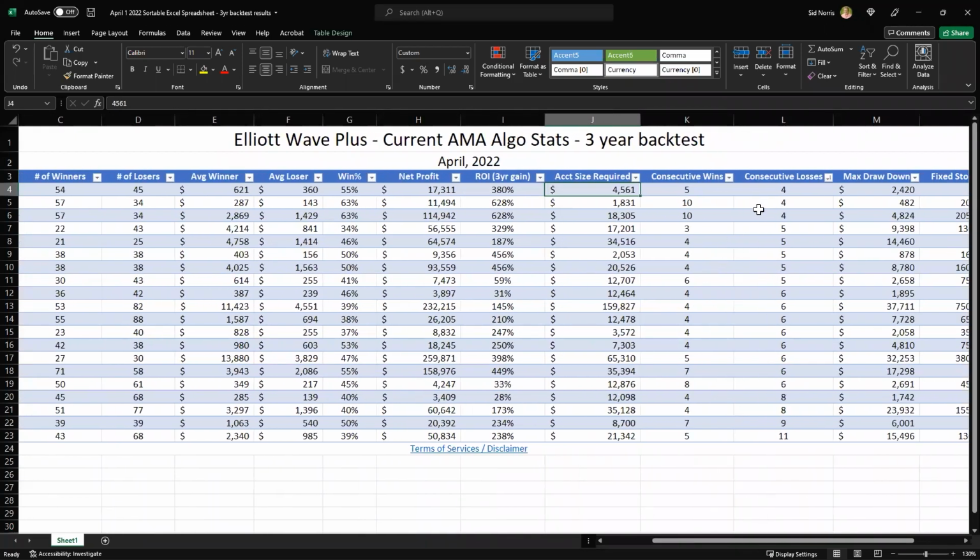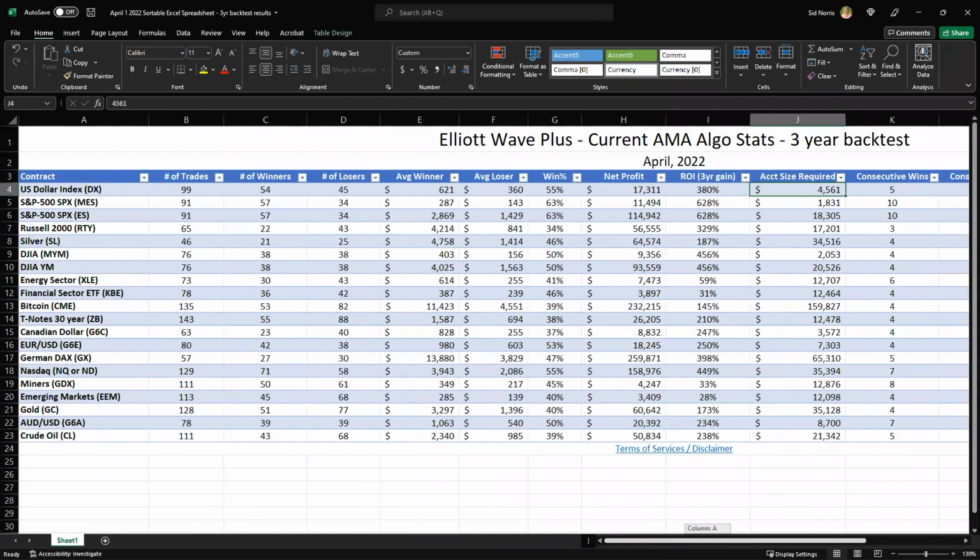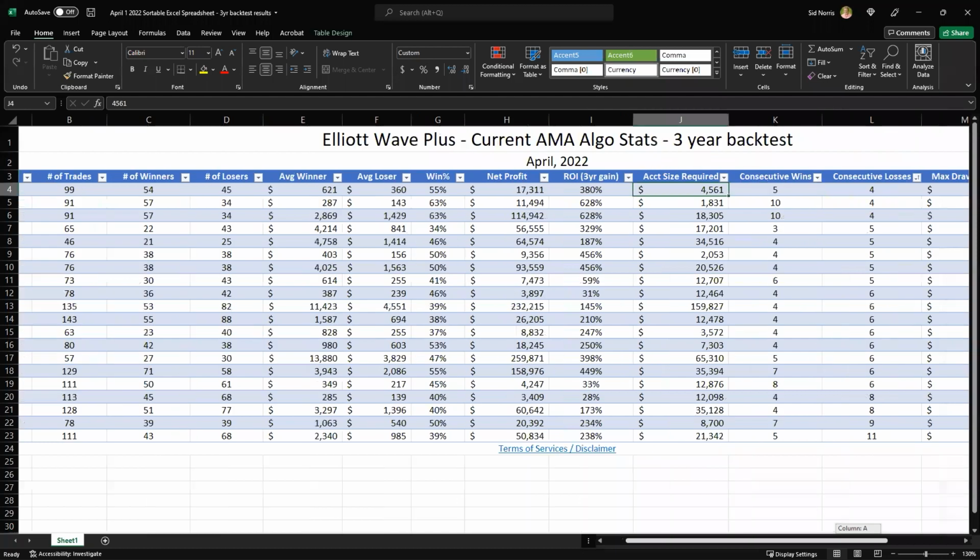And you can see that the top three choices out of the 20 different algos that we send out nightly signals on are the US dollar index and the S&P. So no more than 4 consecutive losses on those.